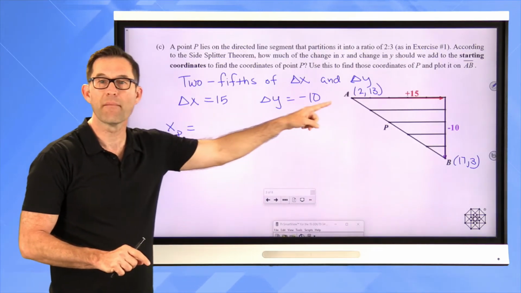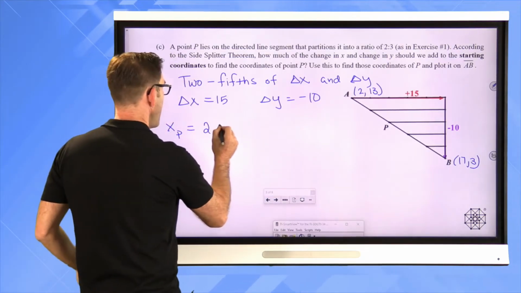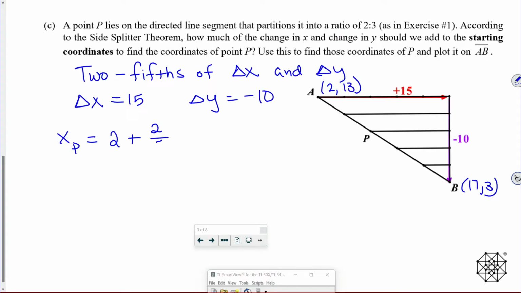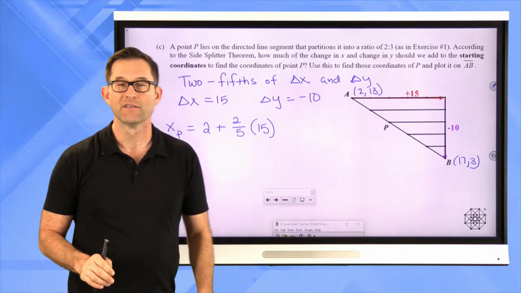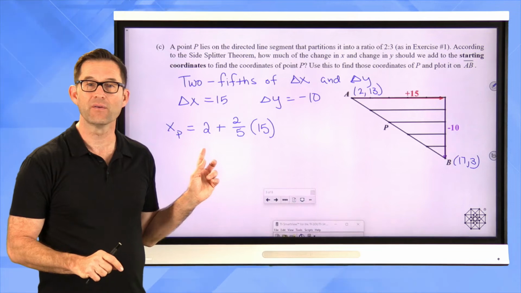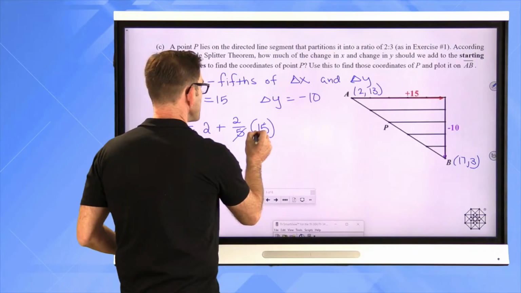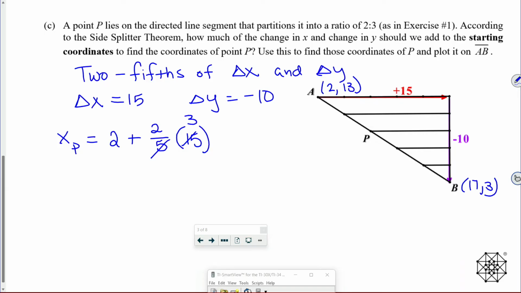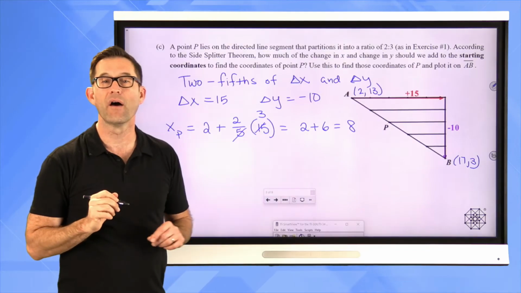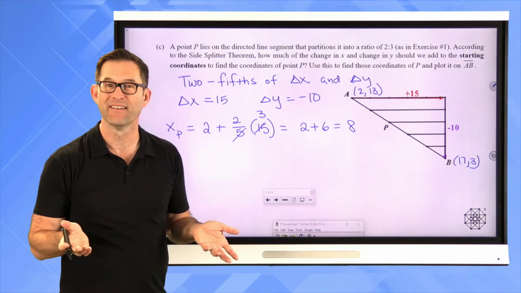Well, I'm going to start at my x coordinate, 2, and I'm going to add to it 2/5 of my change in x, right? So I'm going to take 2, my starting x value, and add to it 2/5 of the change in x. And of course, what is 2/5 of that? That's going to be 6. So I'm going to have an x coordinate of my partition point at 8.